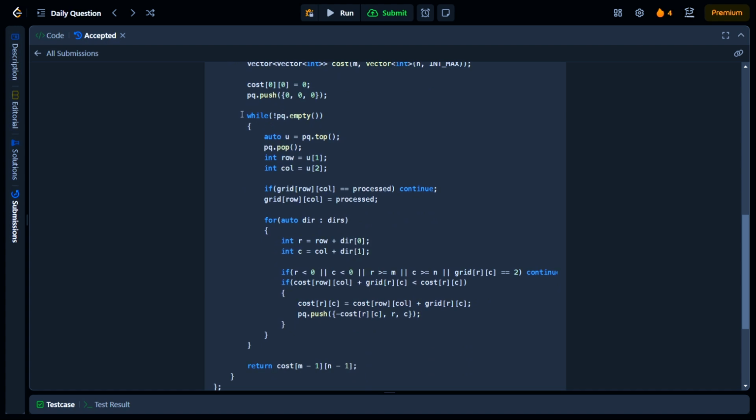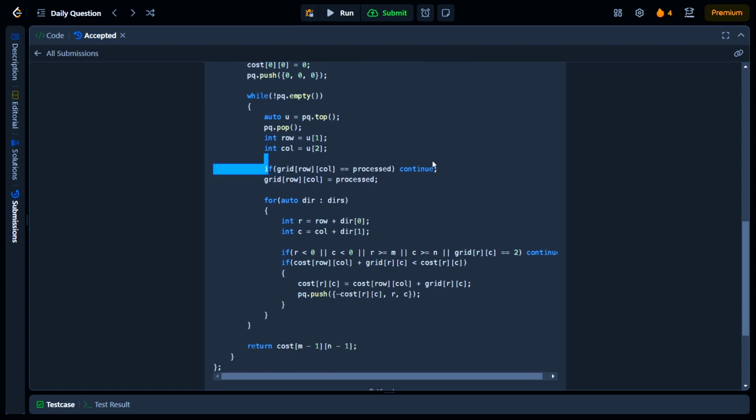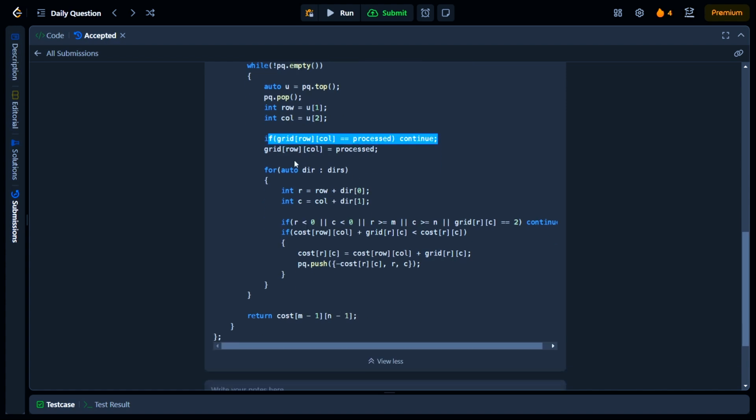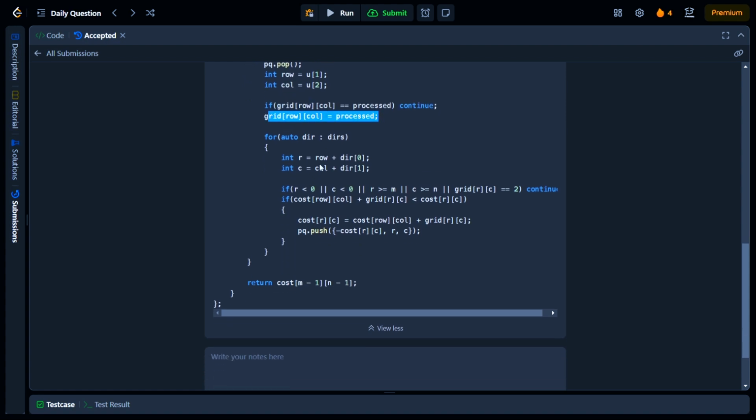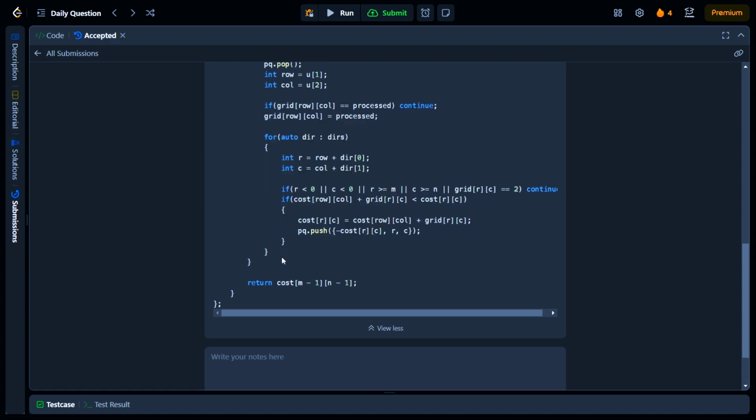And then as long as we have something in the queue, we grab it and we take the row and the column so that we can find the current cell. And if we have processed this current cell, we continue. Otherwise, we mark it as processed. Then we try to go in all 4 directions.